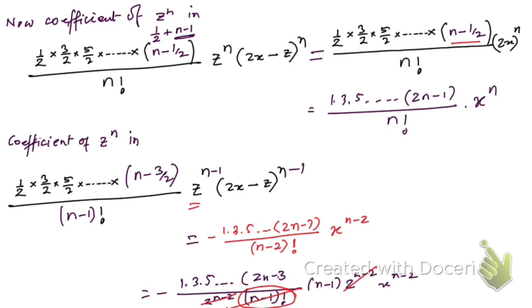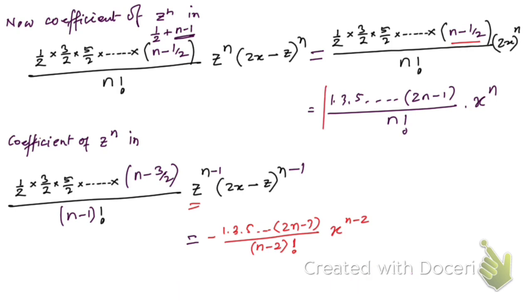Now you see, we need to modify this term. Why we need to modify this term? We're gonna keep this part common in each and every term. So in order to obtain this part, here it was 3. Now you see, these consecutive terms differ by 2, right?